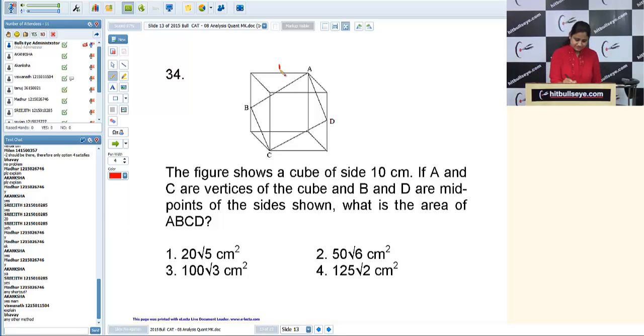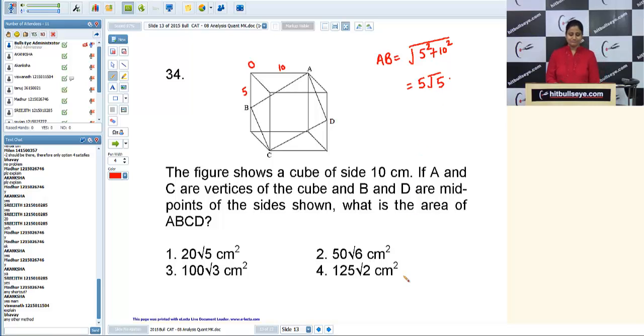Now, this length was 10, this was 5, so AB will be the square root of, because that is the hypotenuse, let it be say O of triangle ABO. AB is the hypotenuse, so it will be 5 square plus 10 square, which comes out to be 5 root 5.